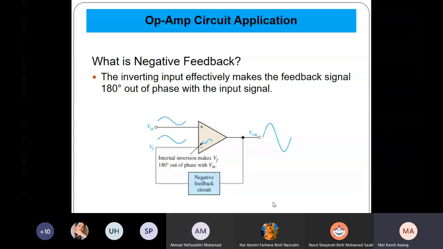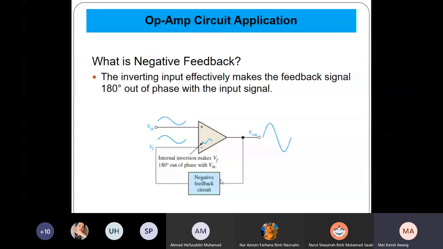Negative feedback is the loop where the output signal is fed back to the negative input of the amplifier. The inverting input effectively makes the feedback signal 180 degrees out of phase with the input signal. So that is the negative feedback.